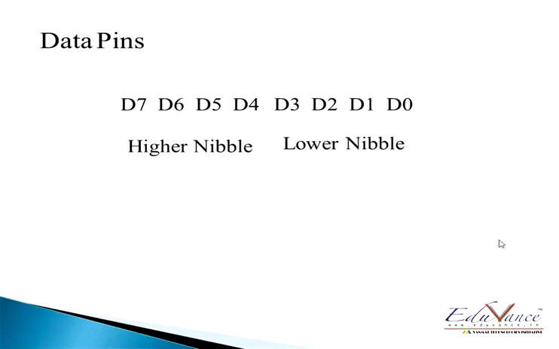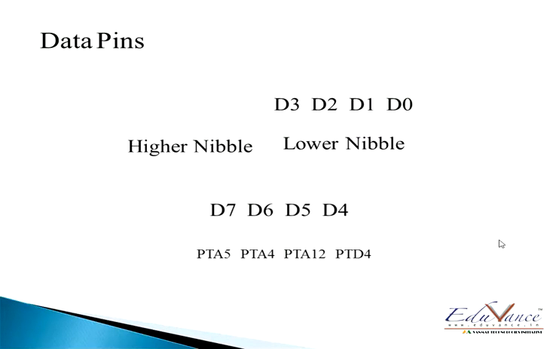And for our application, we won't really need 8 wires. So we are going to use the higher nibble for communicating, and it will be connected to the following pins: PTA5, PTA4, PTA12, PTD4. Why they are connected? Again, I'll let you know in the code. So now let's move on to making the connections.